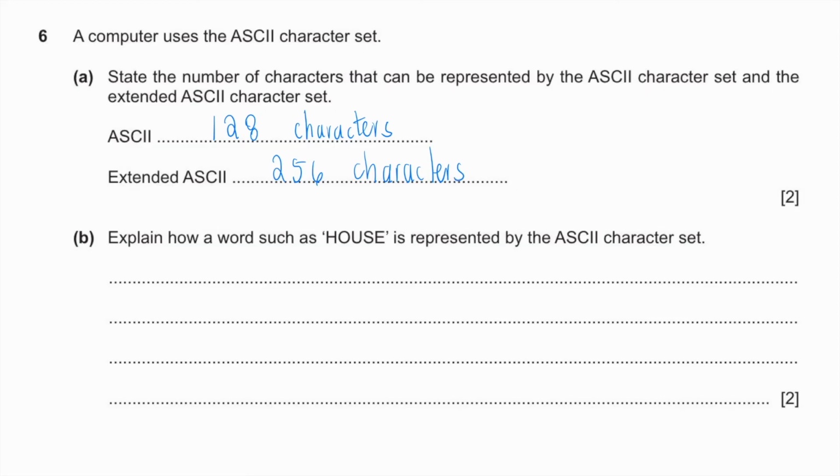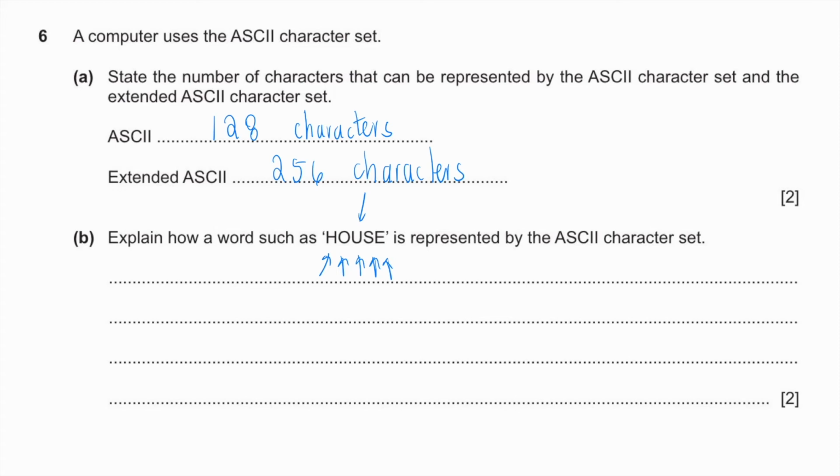Now, next, explain how a word such as house is represented by the ASCII character set. So basically we need to go through just the process of how this is represented. And basically what happens is if we want to represent house, then we need to convert each letter to its matching binary equivalent based on ASCII. So based on ASCII, we're going to have a binary value that represents each of these letters.